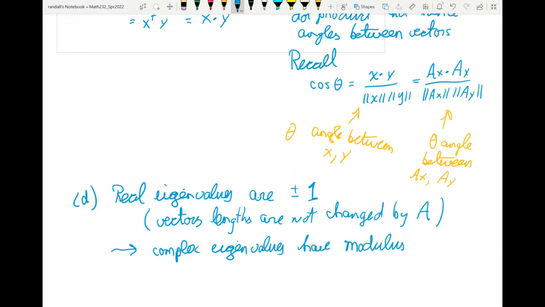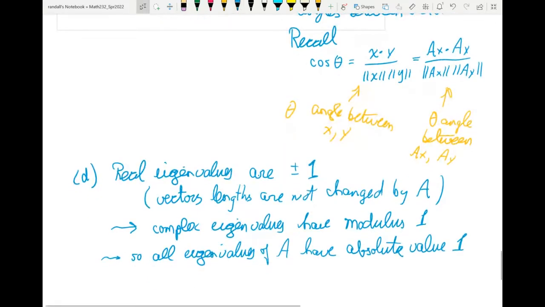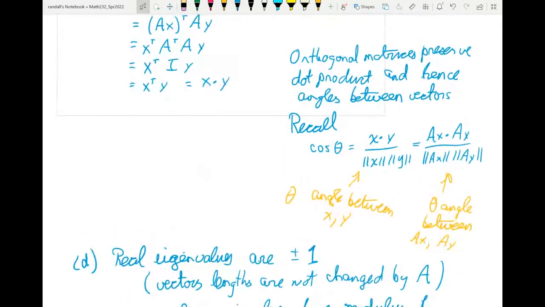So all eigenvalues of A, real and complex, have absolute value 1. Absolute value, in terms of complex numbers, is what we were calling the modulus, or you can still call it absolute value.